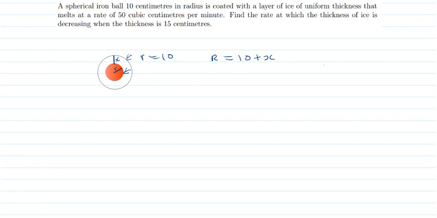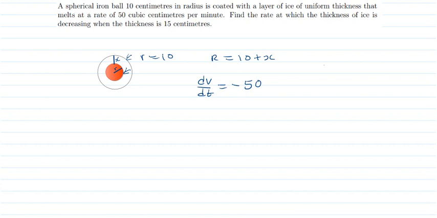After that, we are told that its volume is decreasing at 50 cubic centimeters per minute. So since it's a rate, we can say dV/dt is equal to, since it's decreasing, negative 50 cubic centimeters per minute.